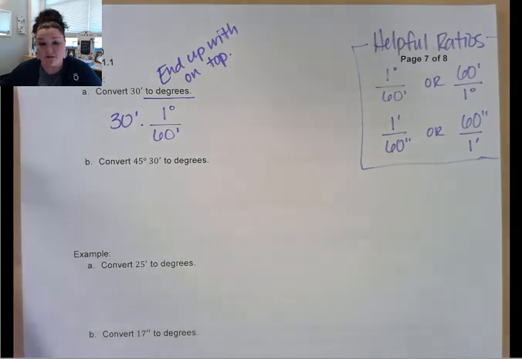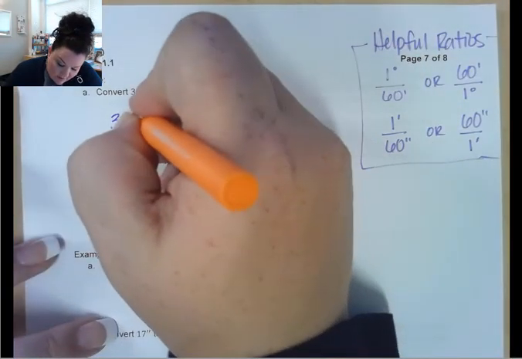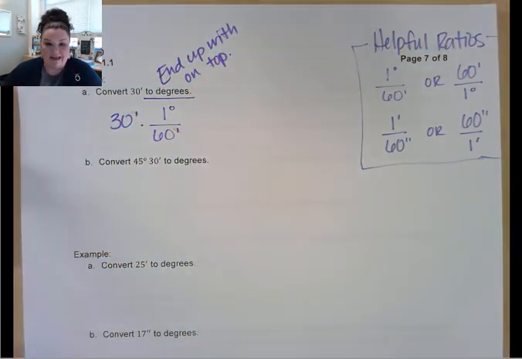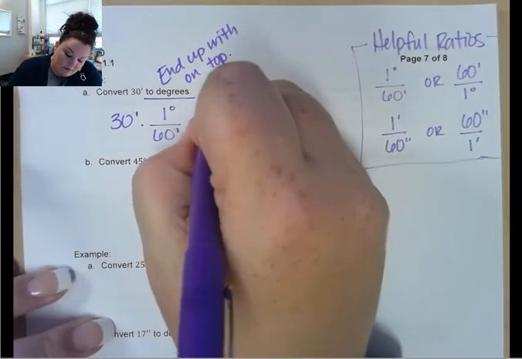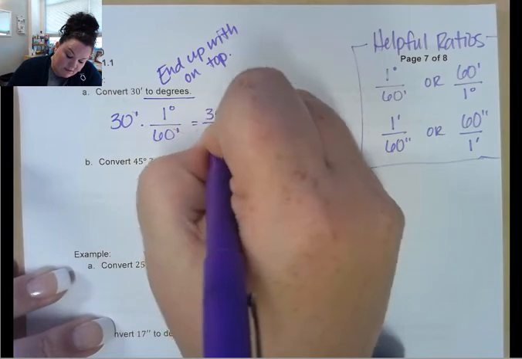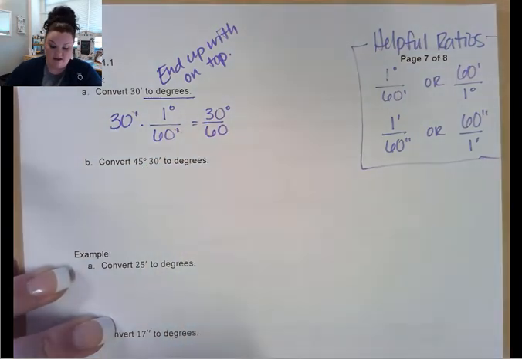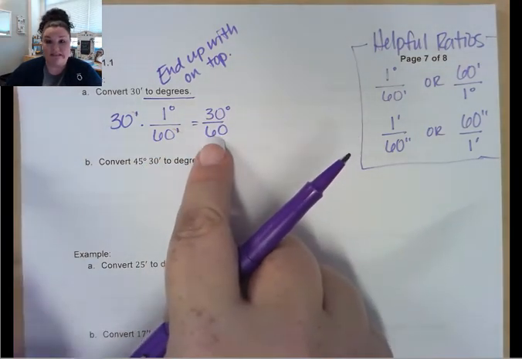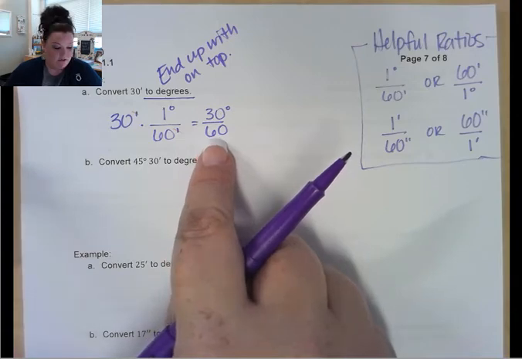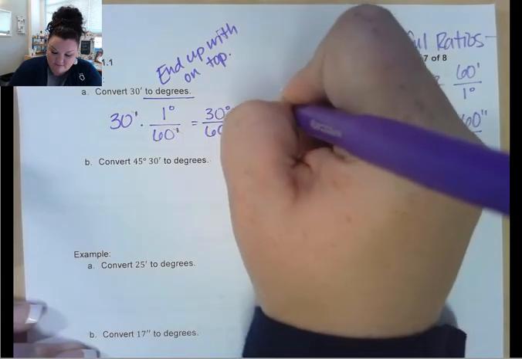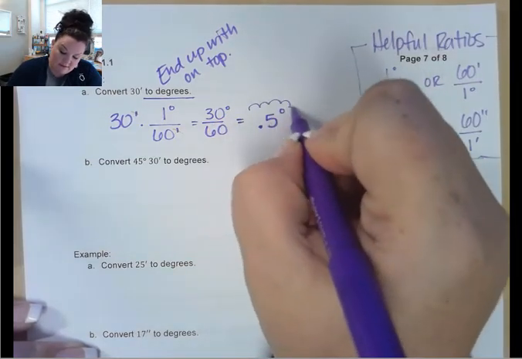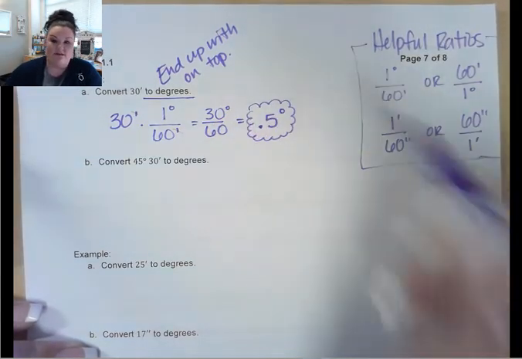And the reason that I'm doing that is because now my minutes unit will cancel, right? So when I cancel that, I end up with 30 degrees over 60, and then 30 divided by 60, right? That's half. Or in other words, I could write this as 0.5 degrees. And I just leave it like that.